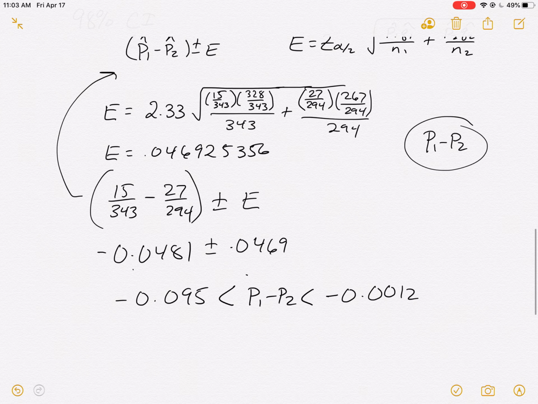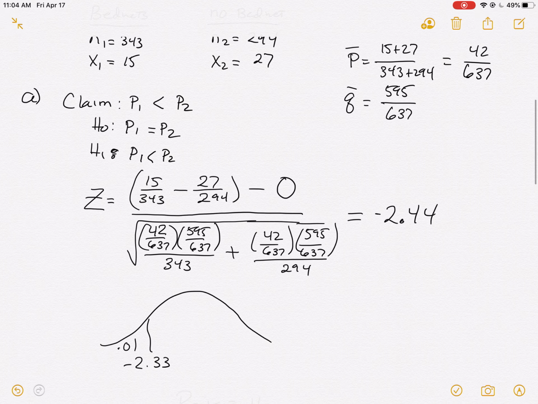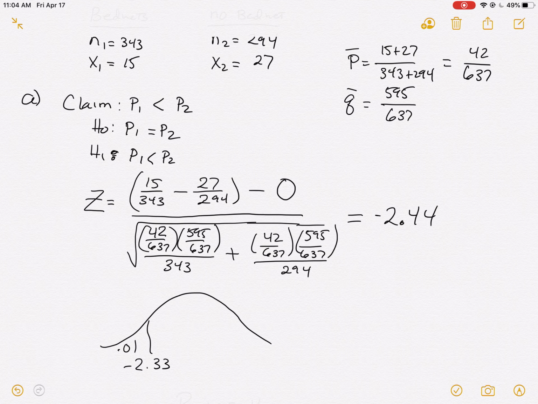So note that P1 minus P2 is not going to be 0, meaning we can reject the fact that they're the same. We're saying we absolutely know P1 and P2 are different from one another. And because they're different, it's actually telling us which one is smaller. It's saying P1's smaller or P2's larger, however you want to look at it. Well, look at our claim that we were able to support, that P1 was smaller than P2.